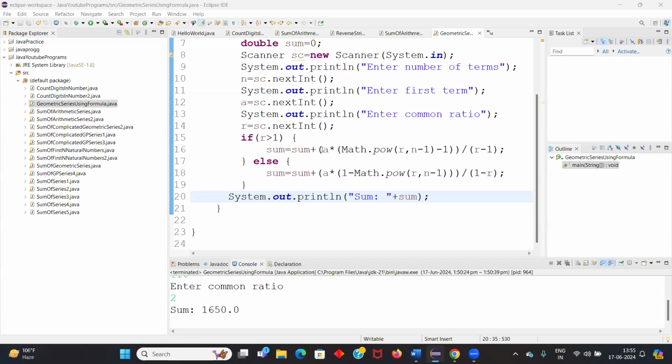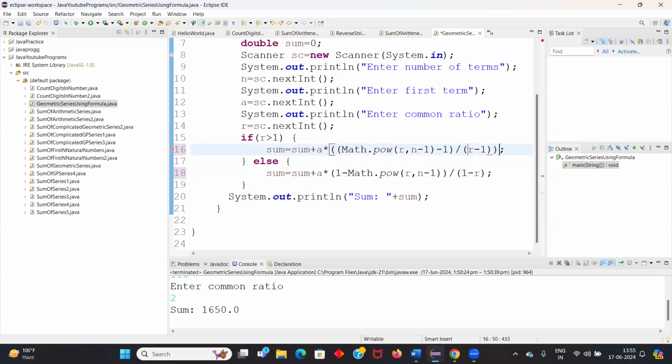I think our A should be multiplied after calculating the numerator divided by denominator. A should be multiplied at the end. Let's try that. I will just remove these brackets, and I will put bracket on the division part.